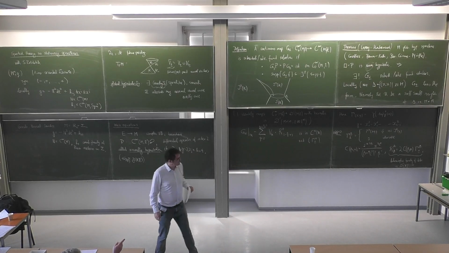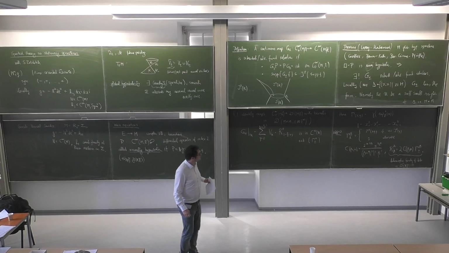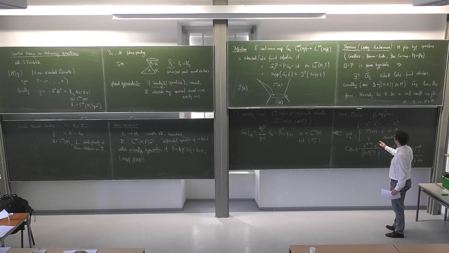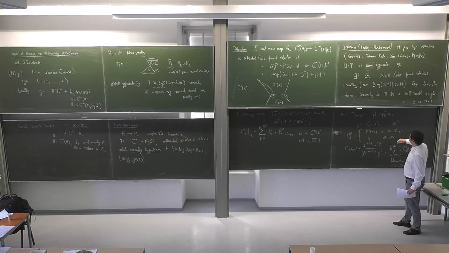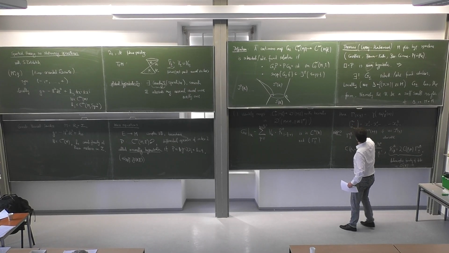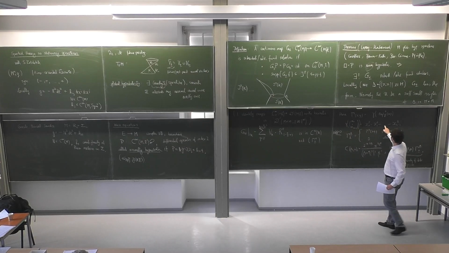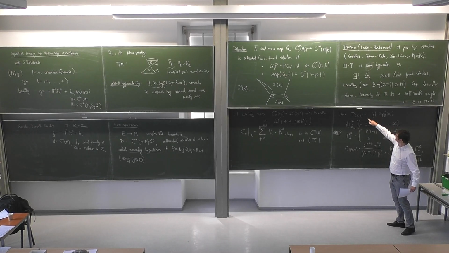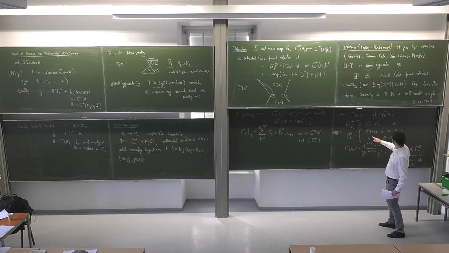Yes? Oh, that's the quadratic form, yeah. n minus 1, right? So if you apply gamma to a vector, you get a number. Okay, I see what you mean.